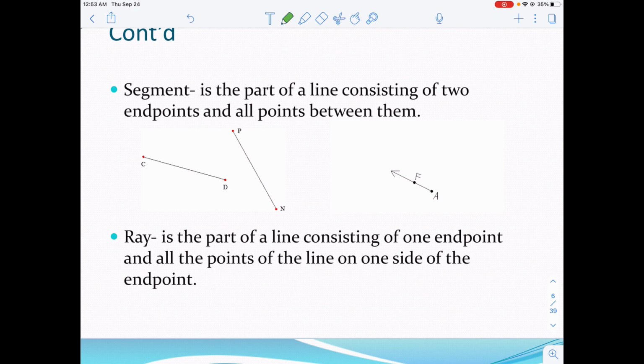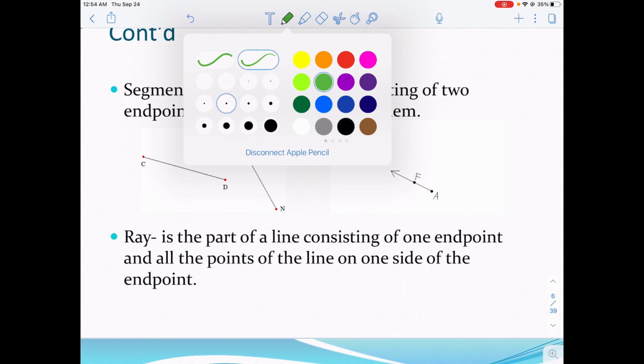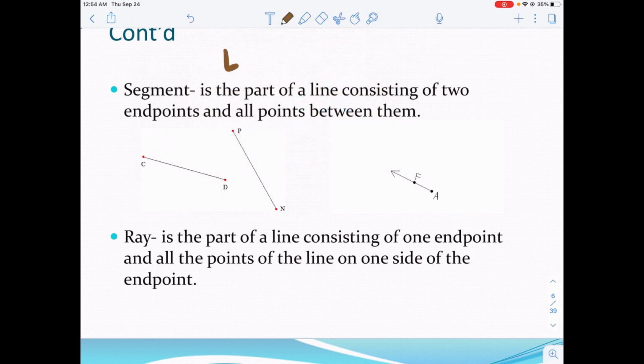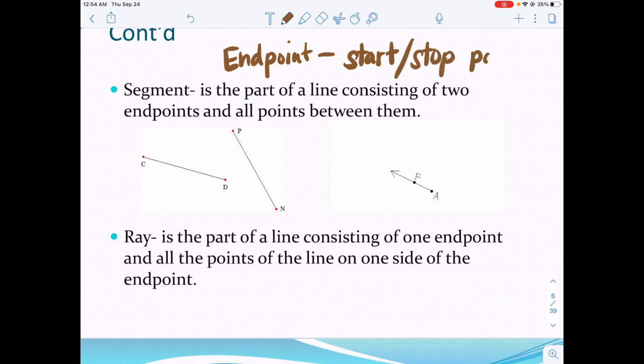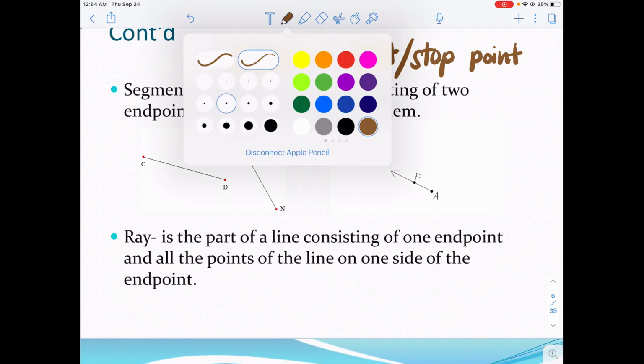So let's talk about that word that I just used. Endpoint. I identify it two different ways. I identify it as a starting point or a stopping point. Okay? So you'll notice here we have two examples of segments, and we're going to name them.